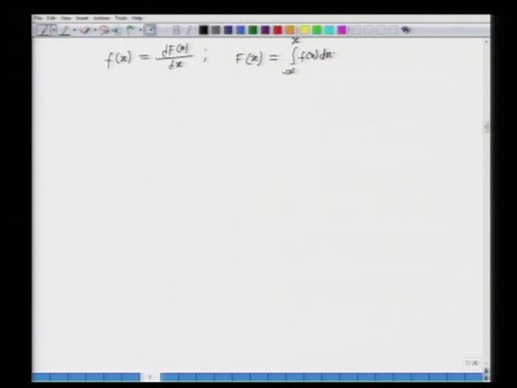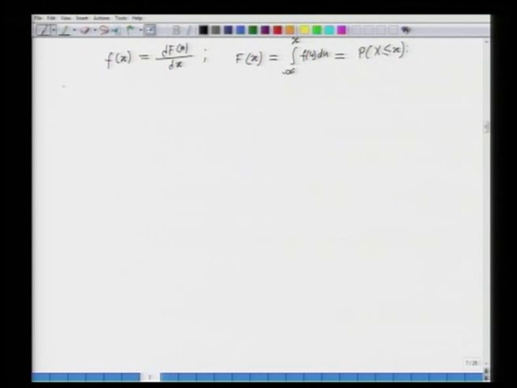I should say f(u) du, because x is a number there, so I can say f(u) du or f(t) dt or something like that. What does this represent? This is nothing but P, the probability of a random variable X having a magnitude less than or equal to small x. We will visit these concepts in a little more detail today.